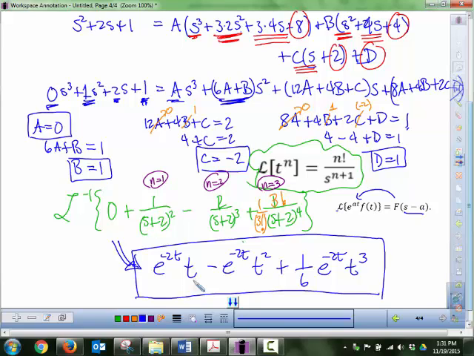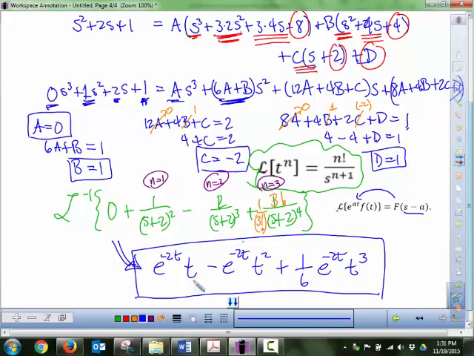Looks weird, huh? So that's the tricky part. Oh wait, there's more tricky parts. Okay, ready for more?